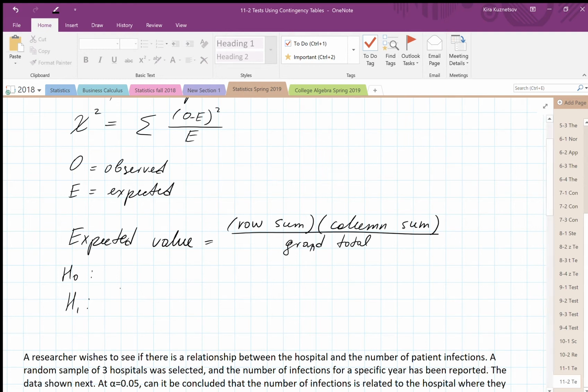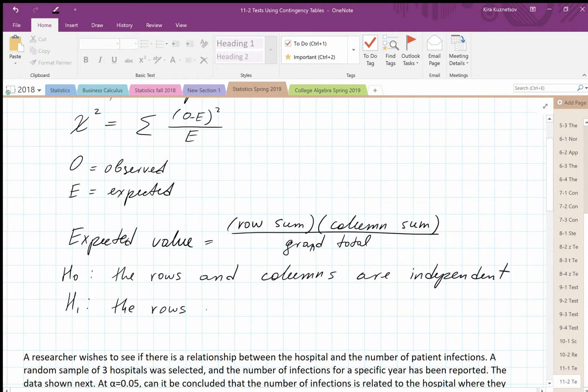So it should say the rows and columns are independent of one another, and the opposite would be the rows or columns are dependent.